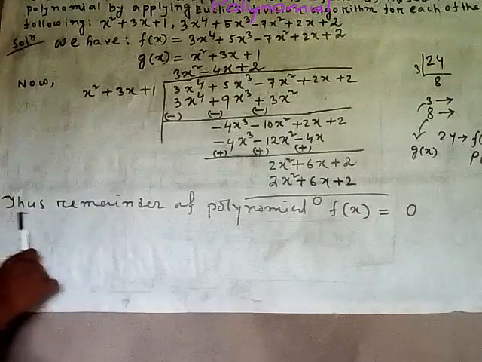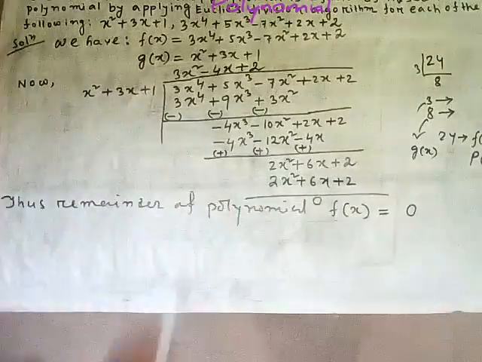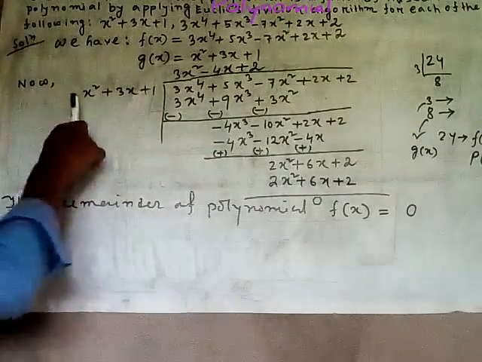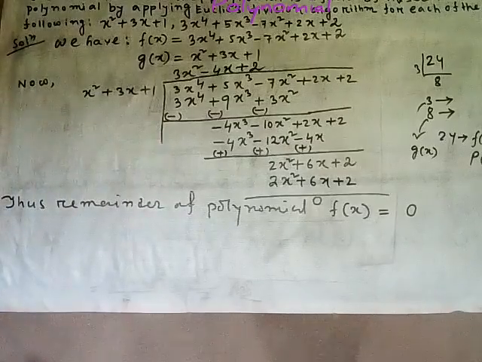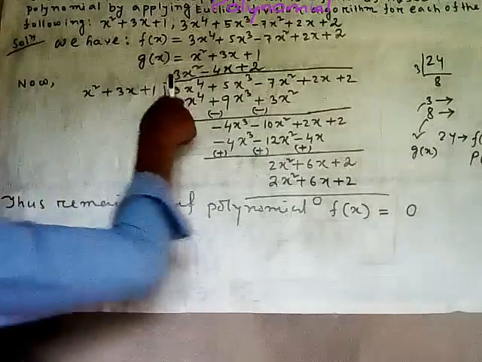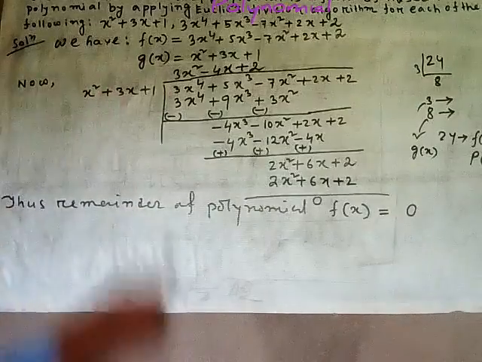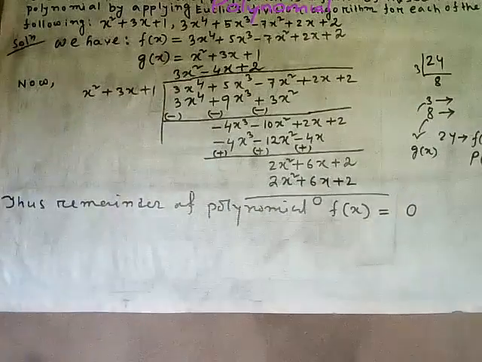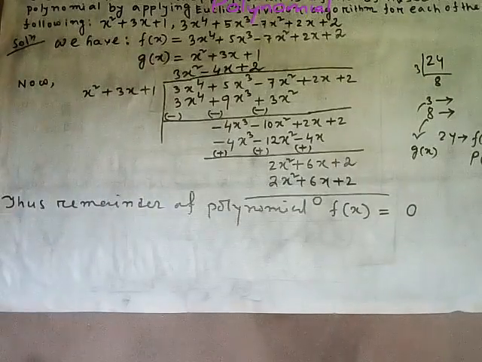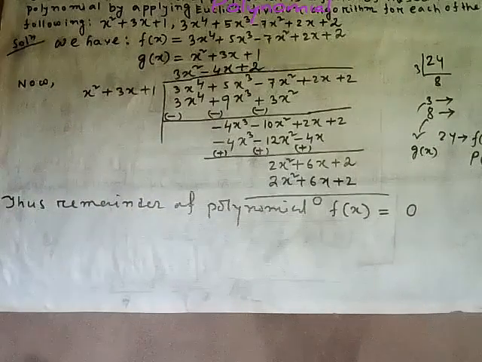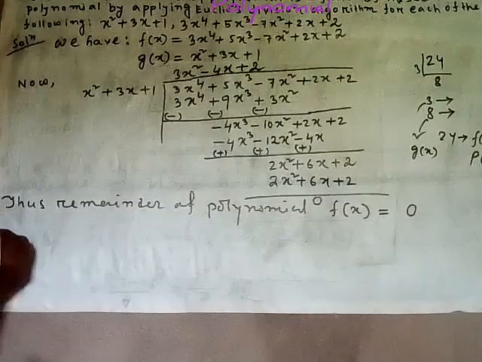So if the remainder is 0, then we can say this x square plus 3x plus 1 is a factor of this dividend part, it means this f(x). It means we can say g(x) is a factor of f(x). So we can write it like that.